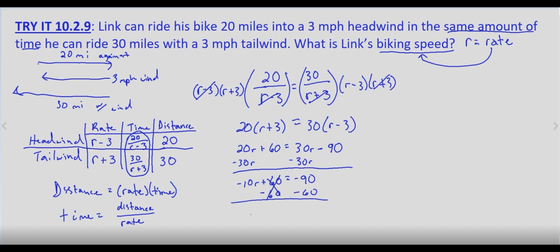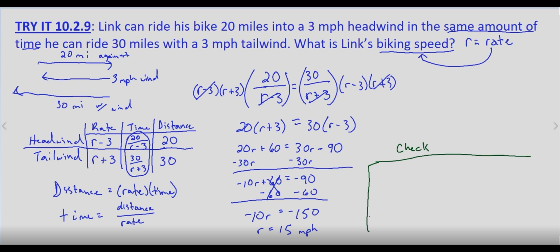We get negative 10R equals negative 150. And then dividing both sides by negative 10, we get R equals 15. So his biking speed tentatively is 15 miles per hour.